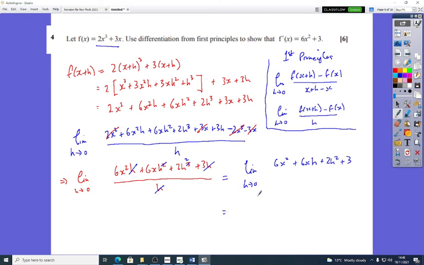Now as h tends to 0, you can state that this will tend to 0 as it's multiplied by h, as h is going to 0. 0 times anything is 0. This will tend to 0 because 0 squared is 0, and 0 times anything is 0, and we'll be left with 6x squared plus 3. QED. That's it.